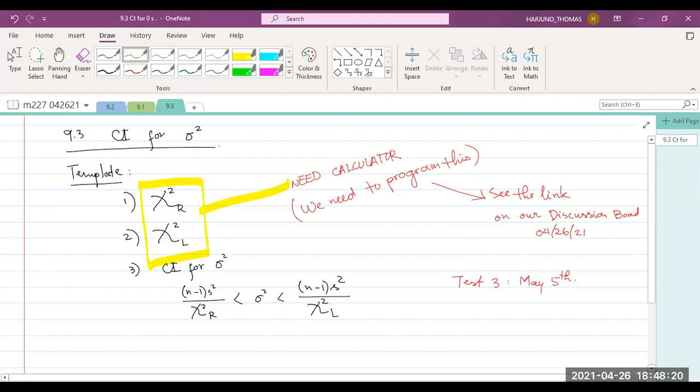What I want to do is this, though. The chapters for test 3 are basically anything after test 2. So the material topics will be from, let me see the book, is it chapter 6 or chapter 7?